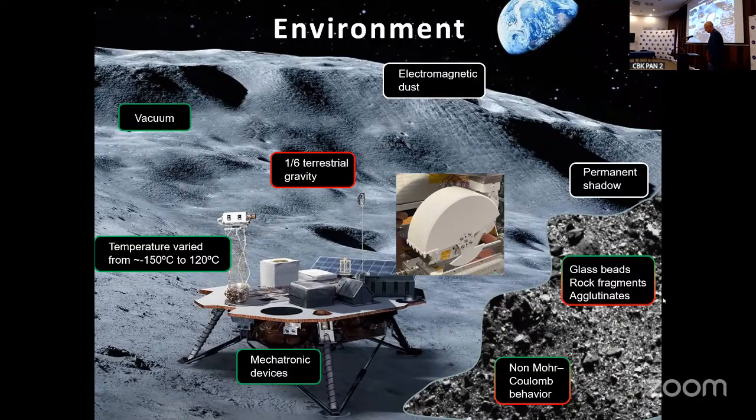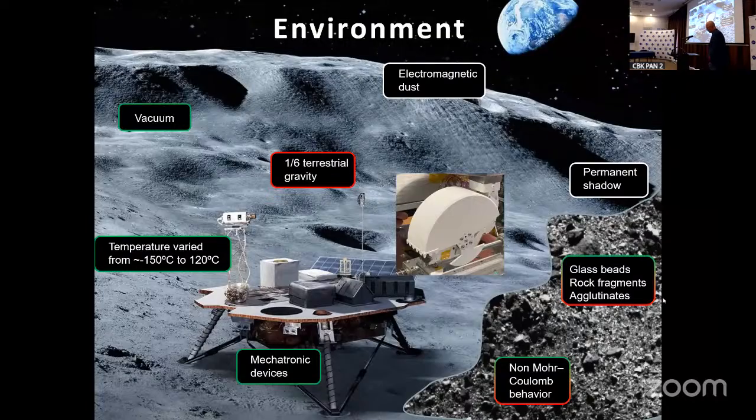We have the vacuum there, a very wide range of temperature, the lower gravity of course, the dust, and what is specifically interesting for me, the soil, which is quite different than on Earth.